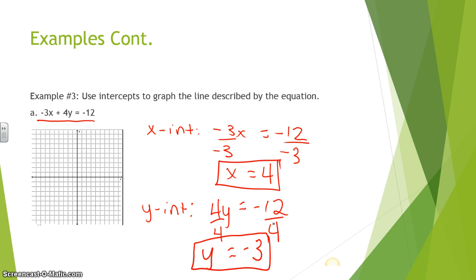So now let's graph. Along my x-axis, where's my point going to fall? At 4. So we have 1, 2, 3, 4. I'll put my point. Along my y-axis, it's at negative 3. 1, 2, 3. Plot my point.